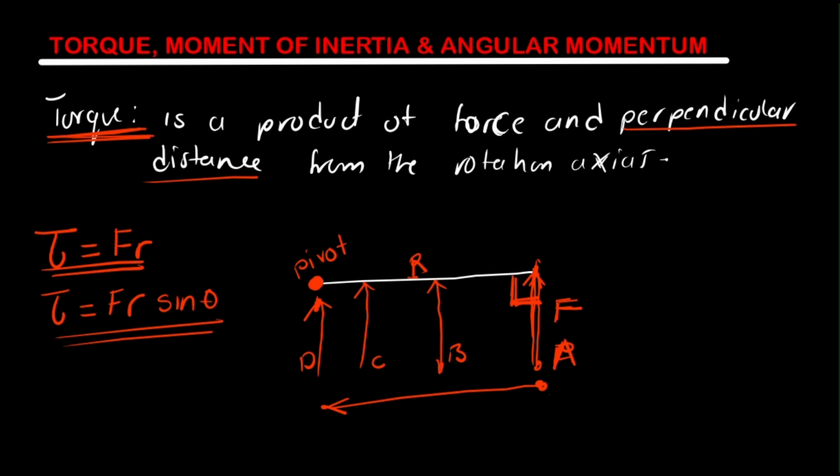Then the torque here is a bit more, and the torque here is more. But the torque at the pivot is equal to 0. So the torque applied at the rotation axis is equal to 0. That's what we call torque. And this torque has some conditions.